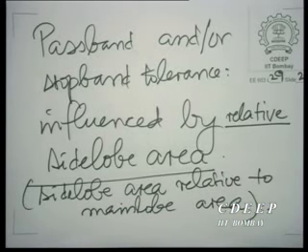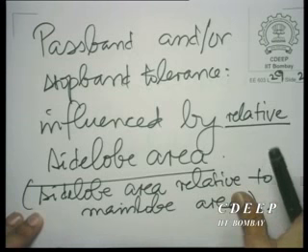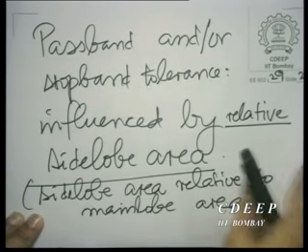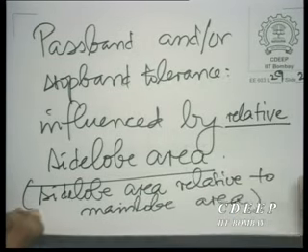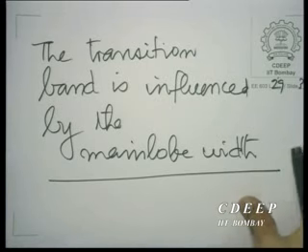So it is the relative side lobe area which really plays a role, not the absolute side lobe area. By relative side lobe area, we mean the ratio of the side lobe area to the main lobe area. Because the main lobe area is what determines the average height of the passband, and superposed on this height are the oscillations caused by the side lobe area.